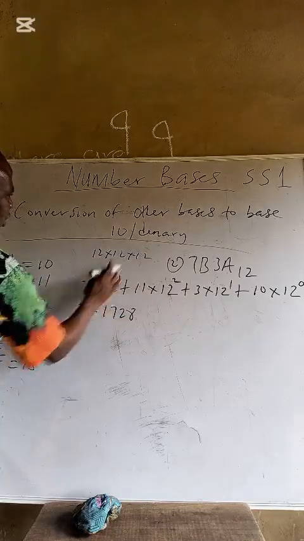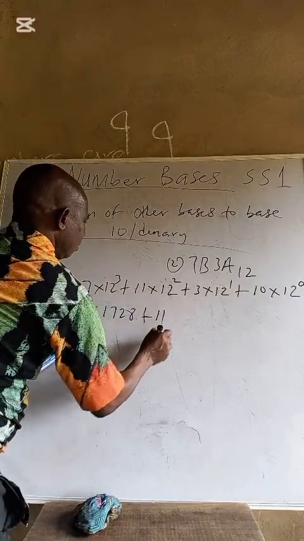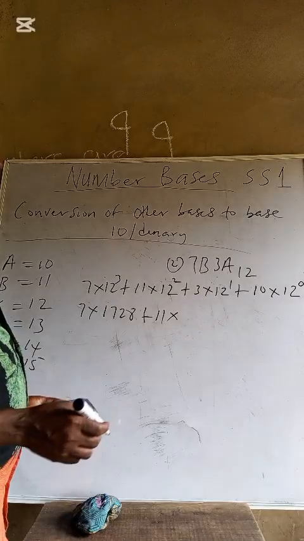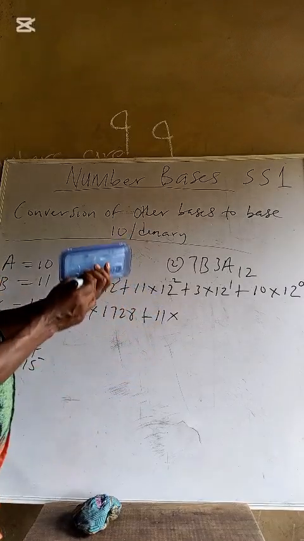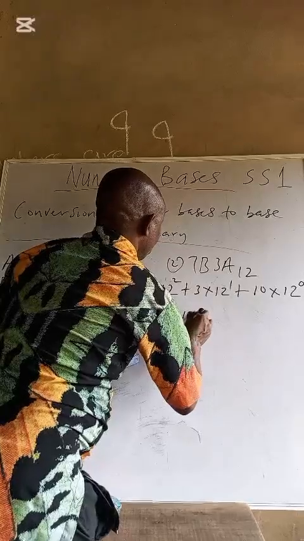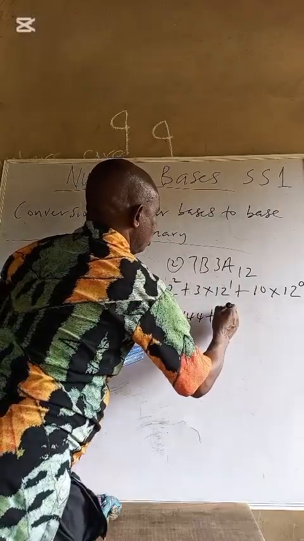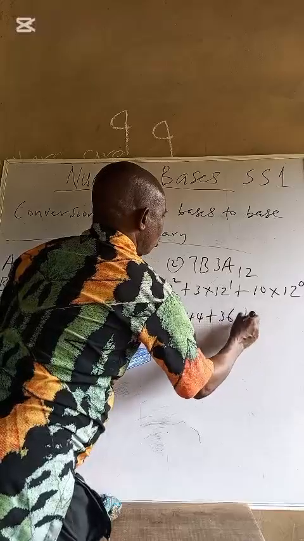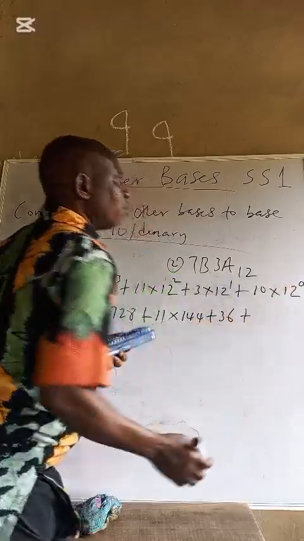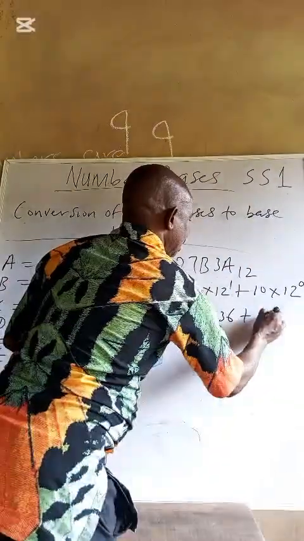This is the answer for the first term. Don't forget. Then plus 11. You have known all this in your Bece preparation. 12 raised to power 2 means 12 times 12, which is 144. Plus 3 times 12, that gives us 36, plus any number raised to power 0 is equal to 1, which means 12 raised to power 0 is 1, and 1 times 10 is 10.